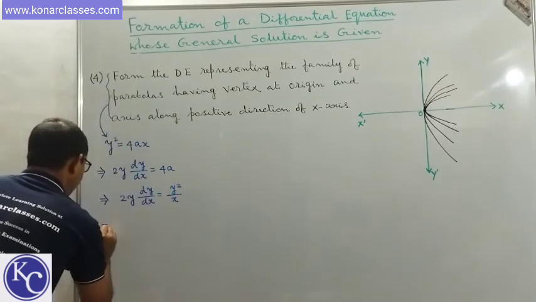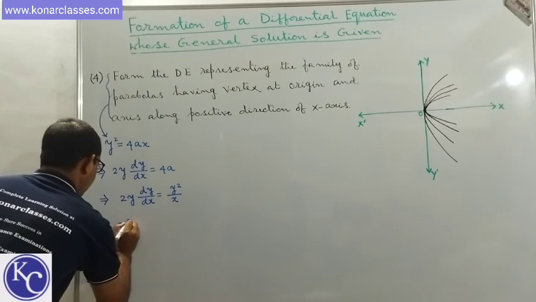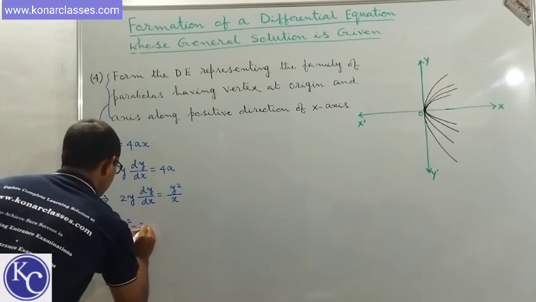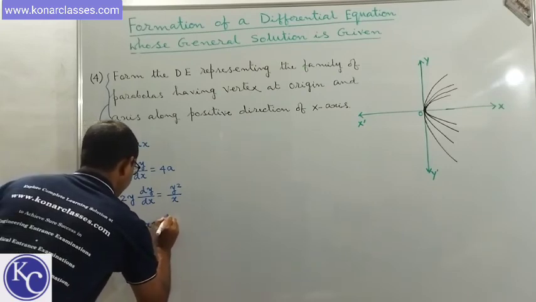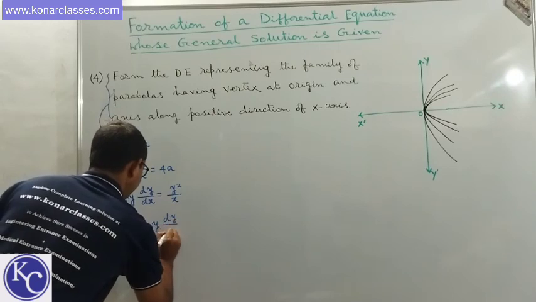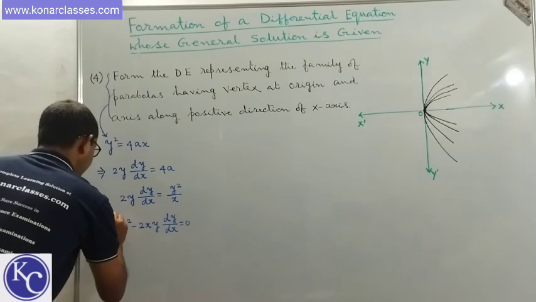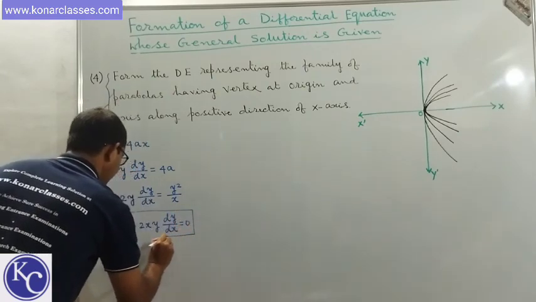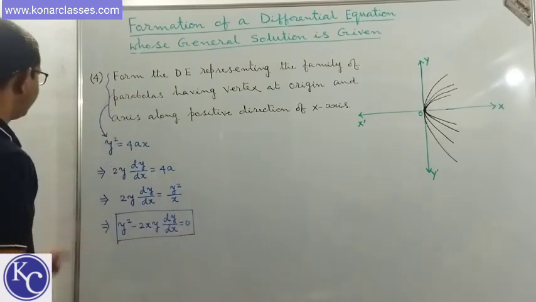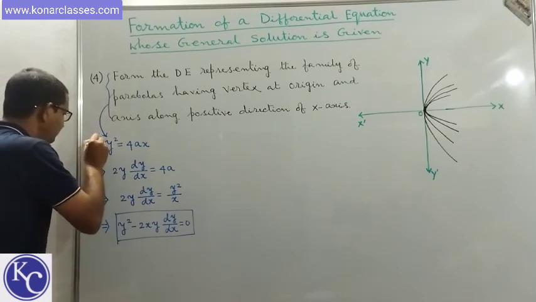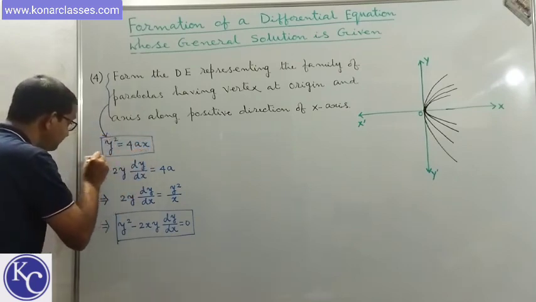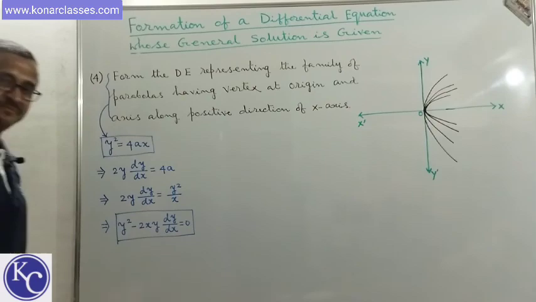So from here what we can write, dear students? y square minus 2xy into dy/dx is equal to 0. So as you see, this is the differential equation represented by the family of curves y square equal to 4ax, which is represented by the problem statement here.